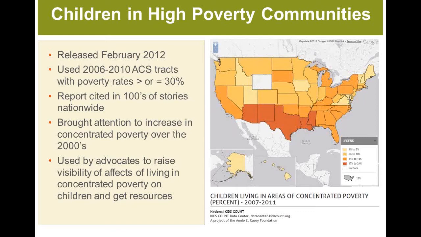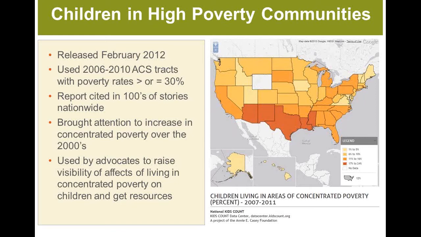And more importantly, from our perspective, it's been used by advocates to really raise the visibility of the effects of living in concentrated poverty on kids, and to secure resources for those communities. And part of what we did in that data snapshot was to highlight what we think recommendations are that can really make communities better places to raise kids.